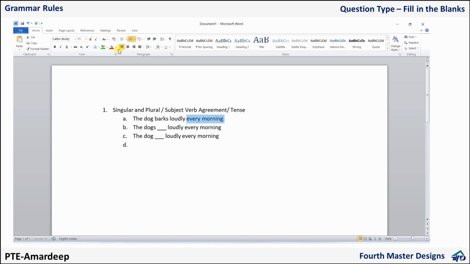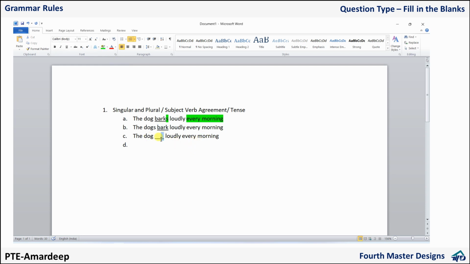It is every morning, so it has to be what? Present simple, so it has to be your S here. Got it? The dogs, now it is what? Your plural, bark loudly every morning. So there won't be any S here.